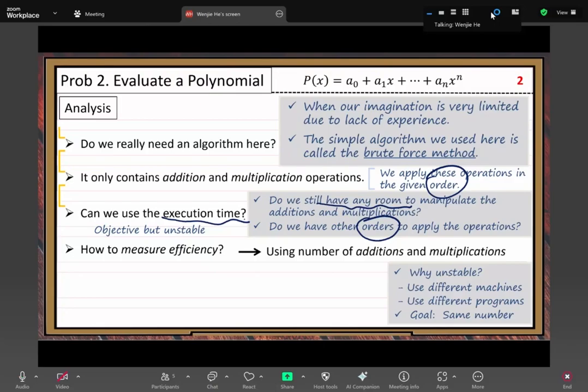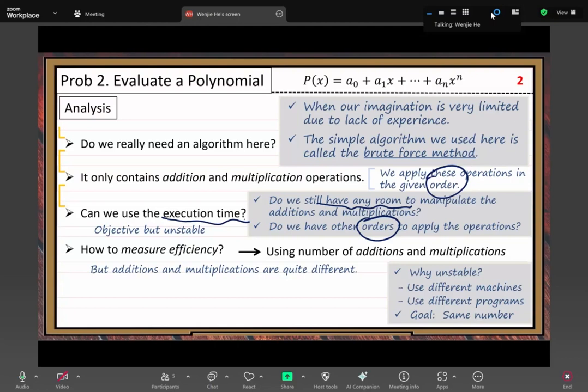We count the number of additions and the number of multiplications. On any machine, you use the same number of additions, same number of multiplications, right? When you use different programs, you also need the same number of additions and multiplications, right?